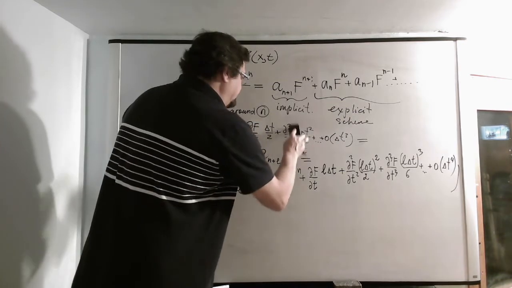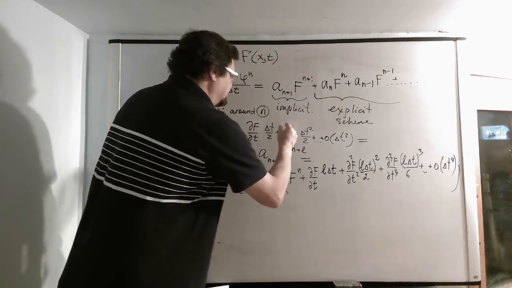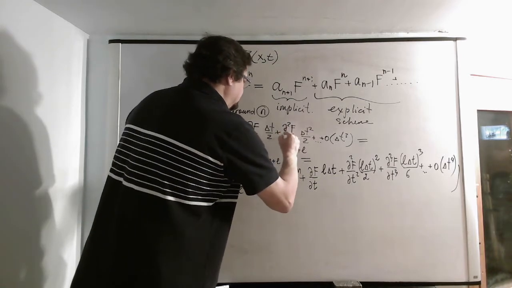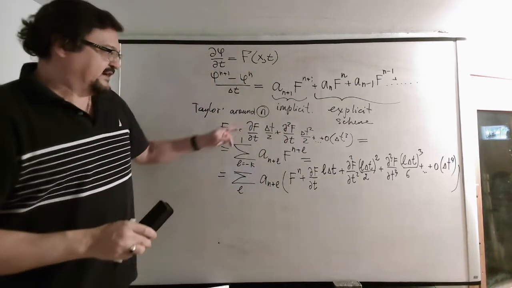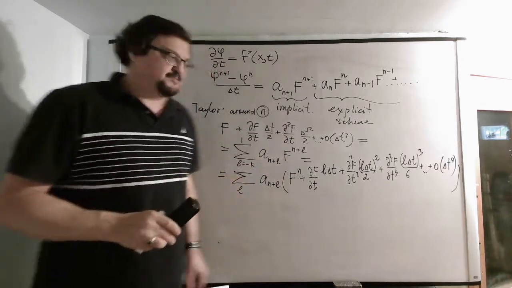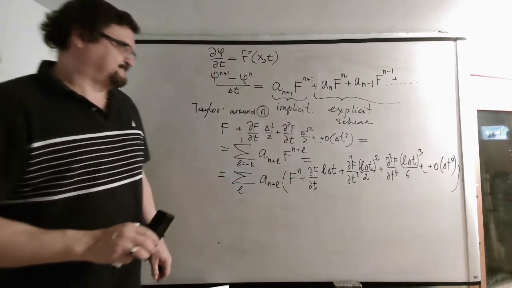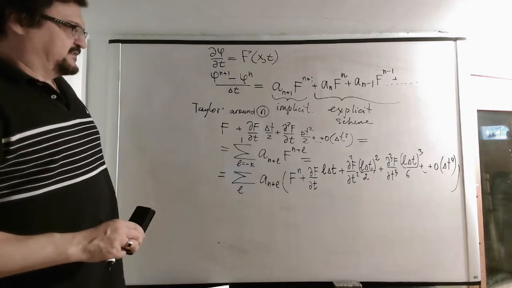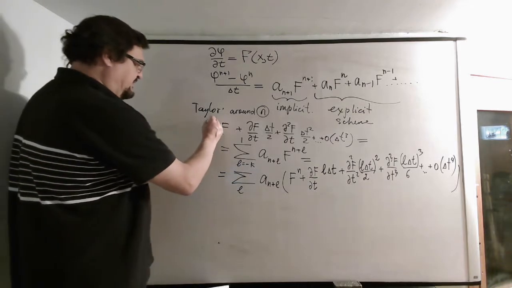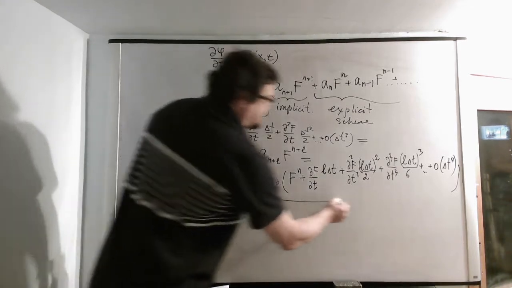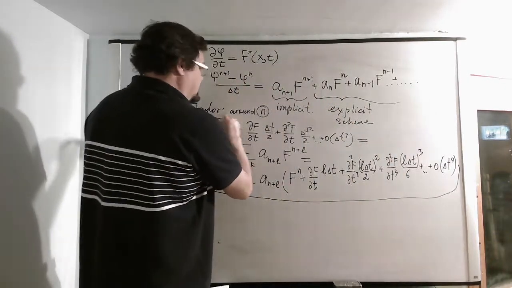And the third derivative becomes d squared f dt. So now we have a nice correspondence between those two. All right. So this is our approach. So let's keep it for now.